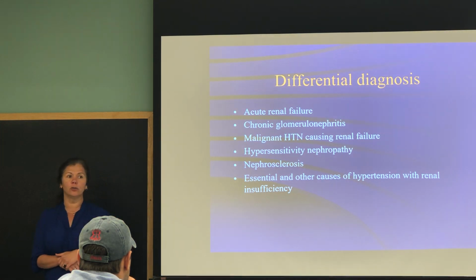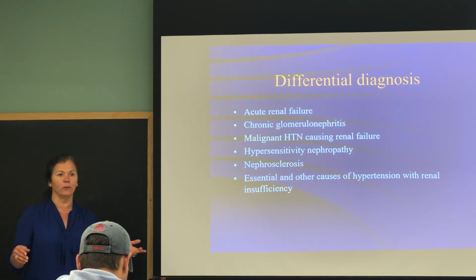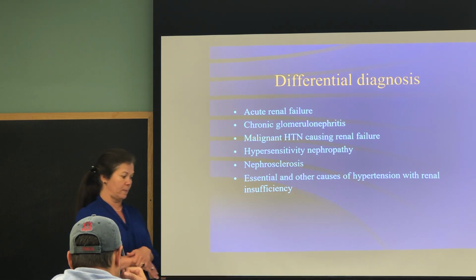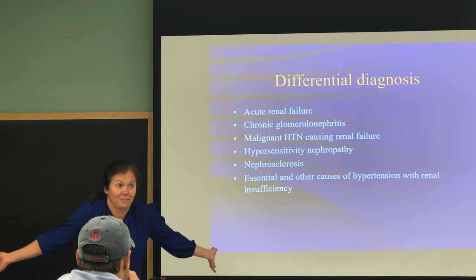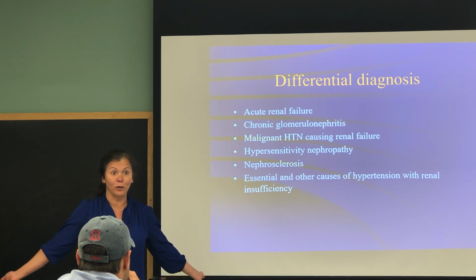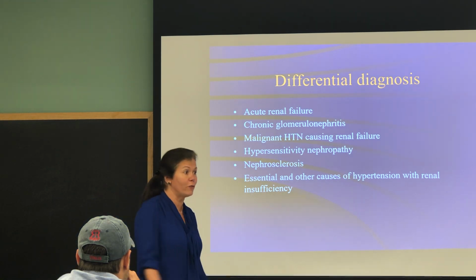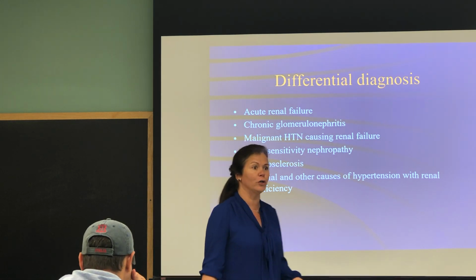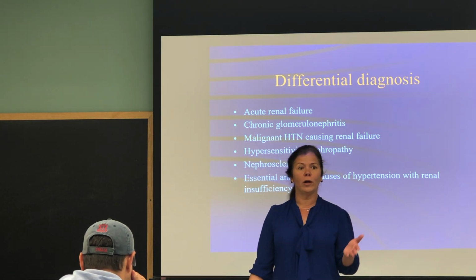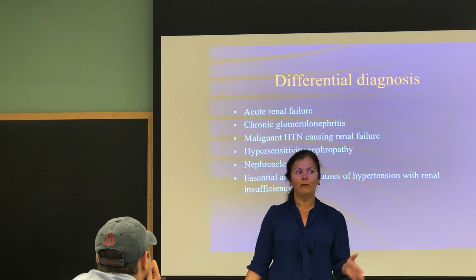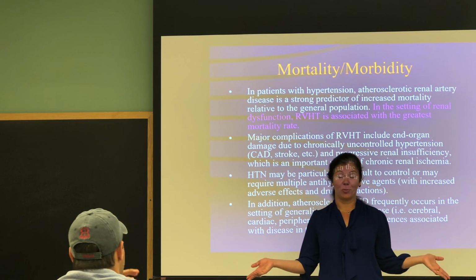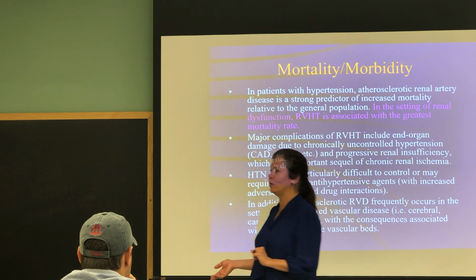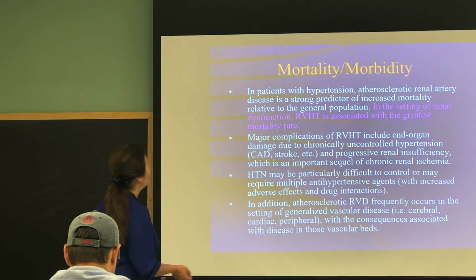How would you differentiate acute renal failure versus renal artery stenosis? Can they give you acute renal failure if you have a patient with renal artery stenosis? Of course. But now, will the renal function improve with just fluids? No. That will be one factor of differential diagnosis.